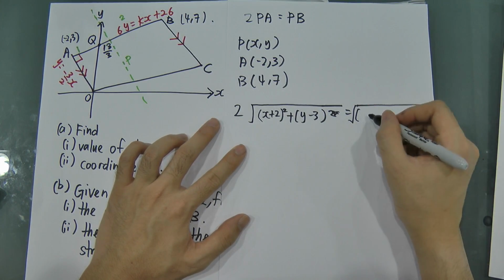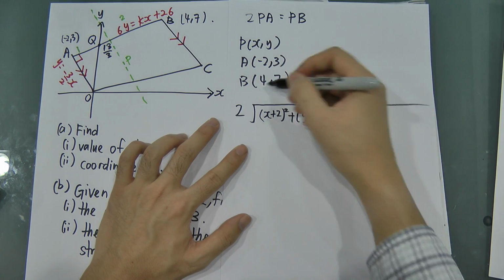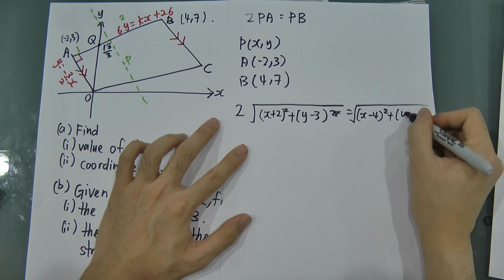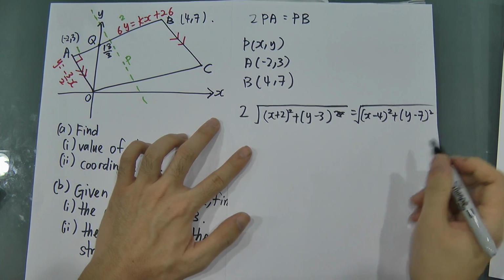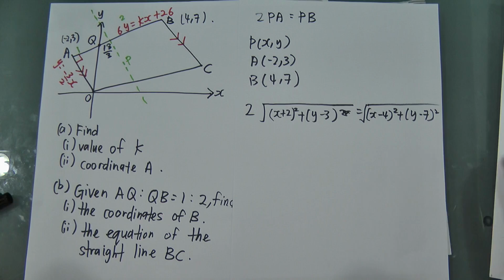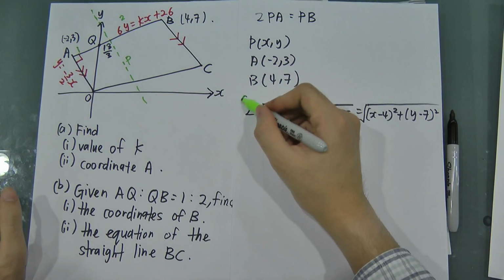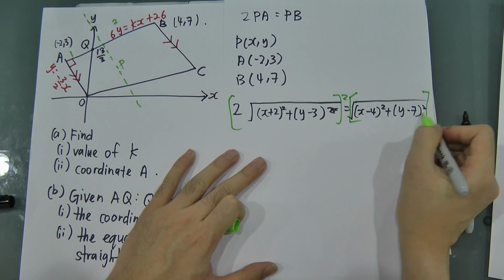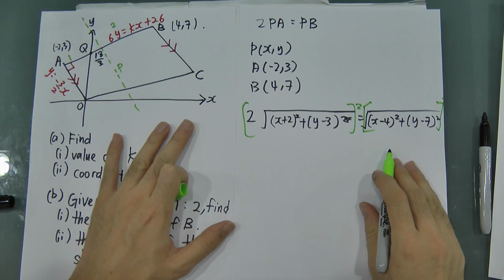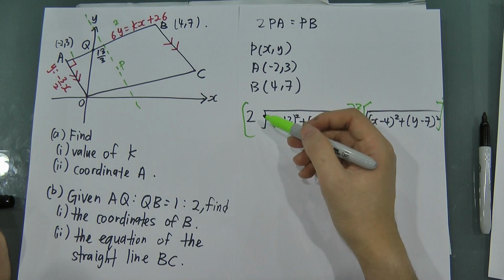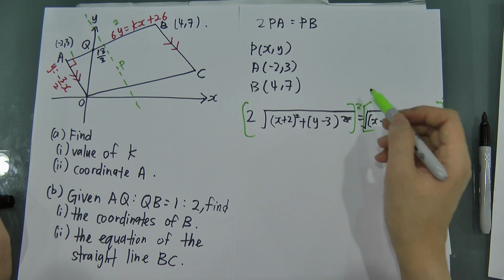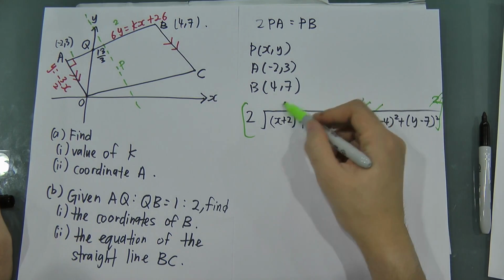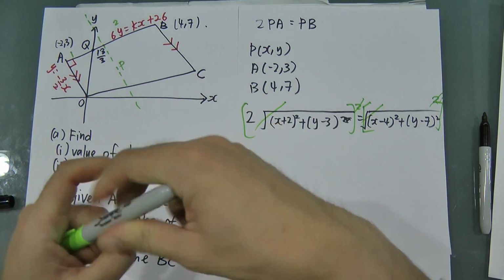I will do the same thing: x minus 4 squared plus y minus 7 squared. Distance formula, nothing special. However, here is a very important step I have to mention. You have to square both sides in order to remove the square root. But when you do the square, a lot of students will forget to square the 2 also. You have to square the 2 also. Even though the square here can settle the square root, you have to square the 2 also.